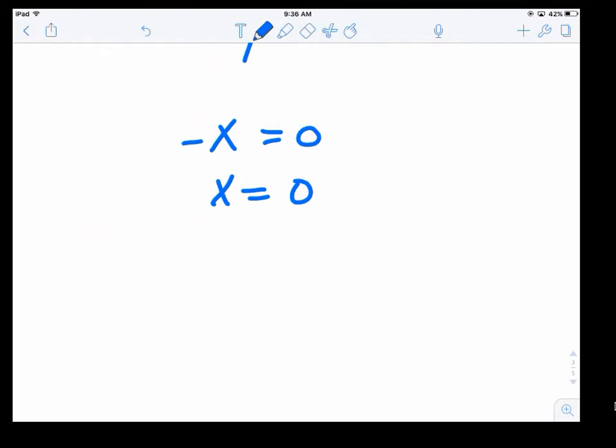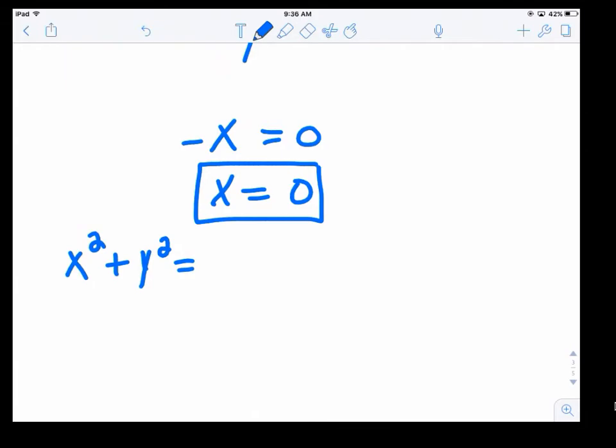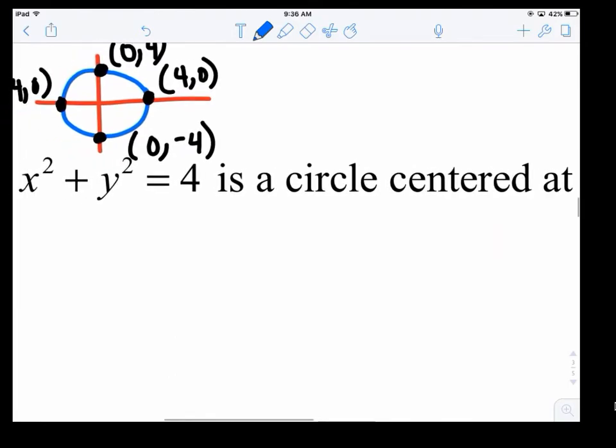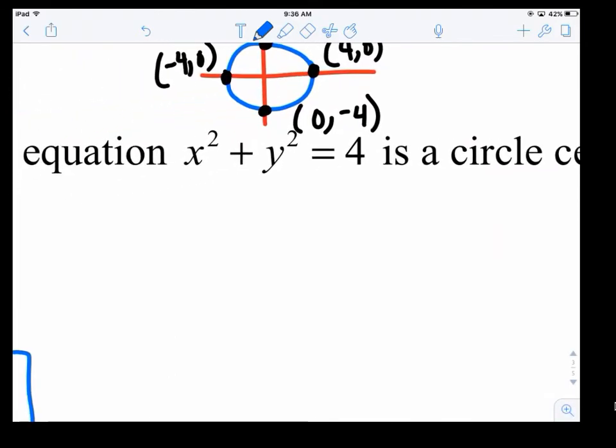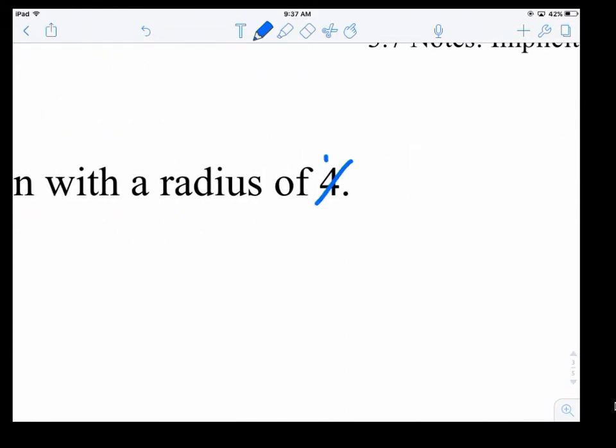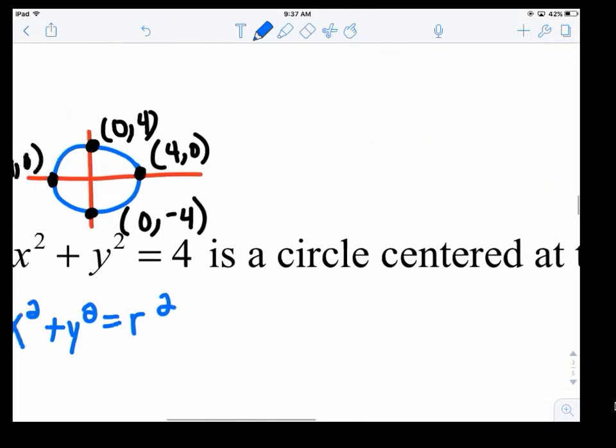So you have a horizontal tangent at x equals 0, right? So we need the original equation now. And actually, we need to go back to that because we did something wrong. Your equation for a circle is x squared plus y squared equals r squared. So if it's equal to 4, your radius actually is what? 2.